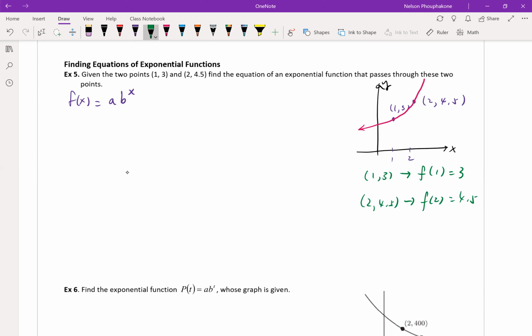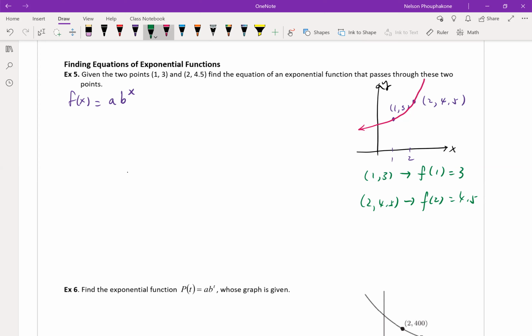Now look back to this problem. If I have f(x) = a b to the x, how many unknowns do we have? We have 2 unknowns. If you have 2 unknowns, basically you need to set up 2 equations to solve for the 2 unknowns. This is the idea about a system of equations. How do I create the 2 equations?